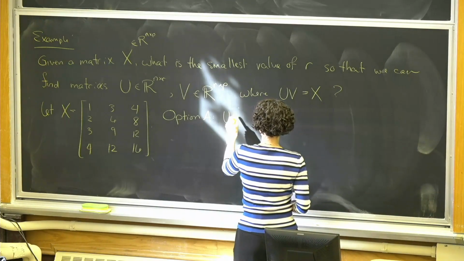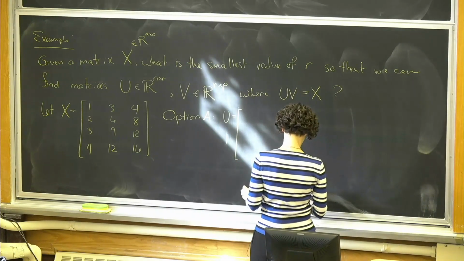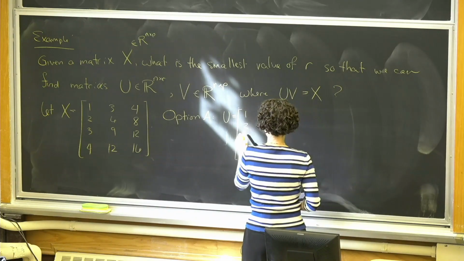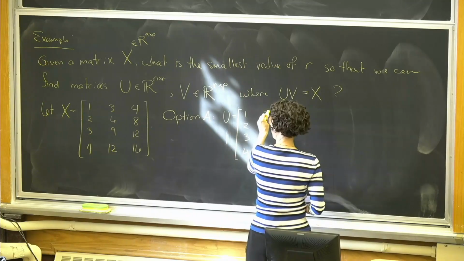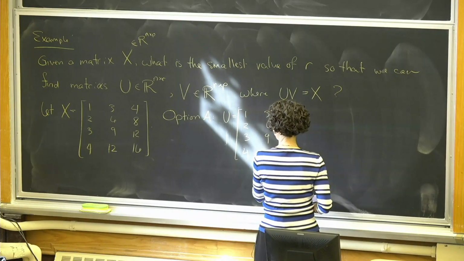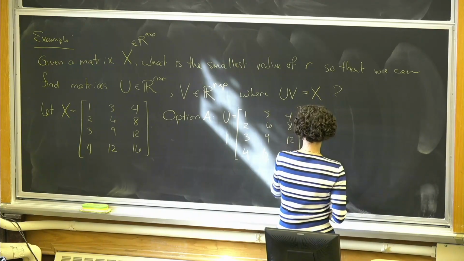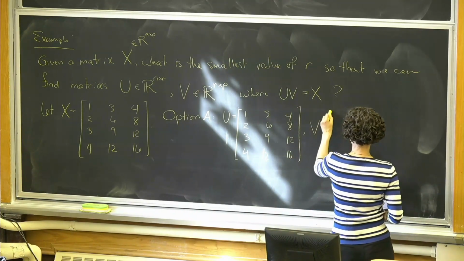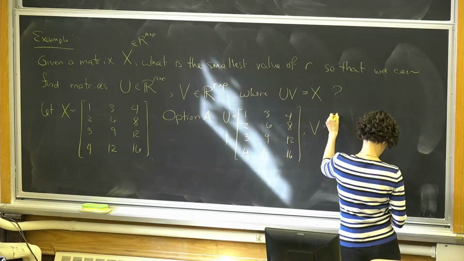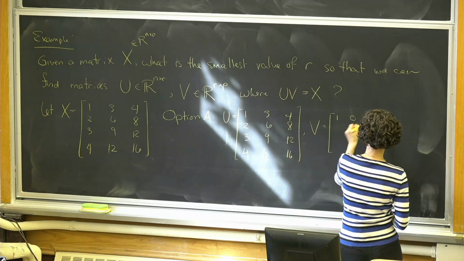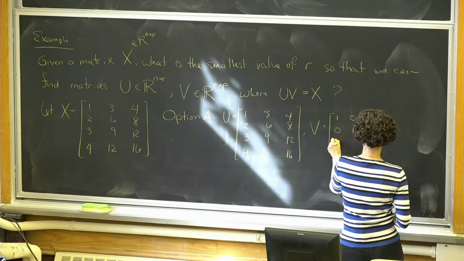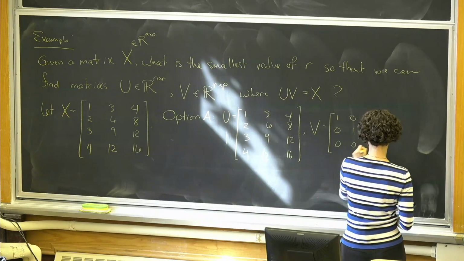So one option is that we could choose U to simply be 1, 2, 3, 4, 3, 6, 9, 12, 4, 8, 12, 16, and V to be equal to 1, 0, 0, 0, 1, 0, 0, 0, 1.